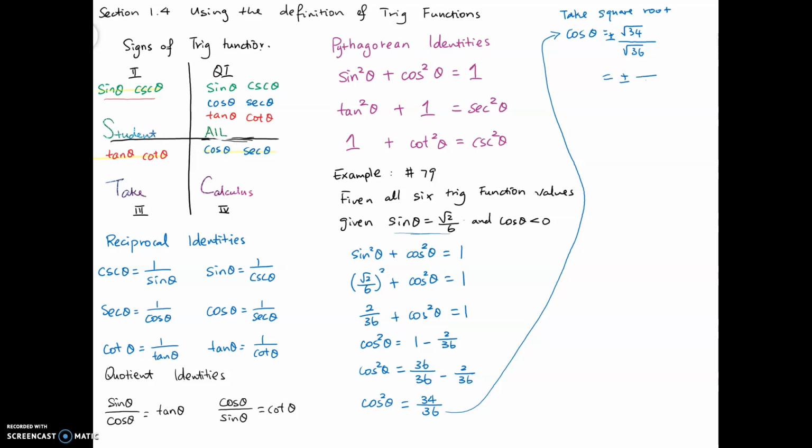And square root of 36 is 6, and 34 can become 2 times 17. For right now, 34 is just 34.